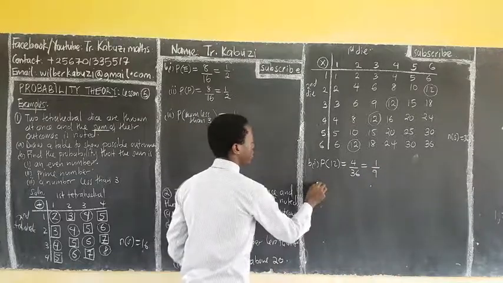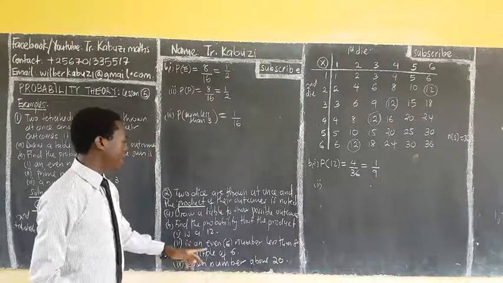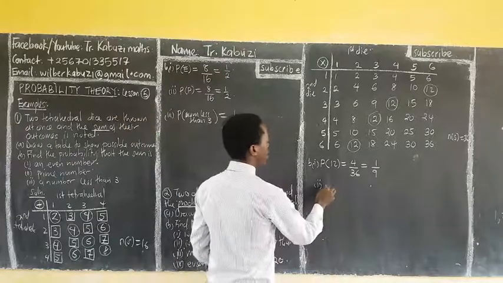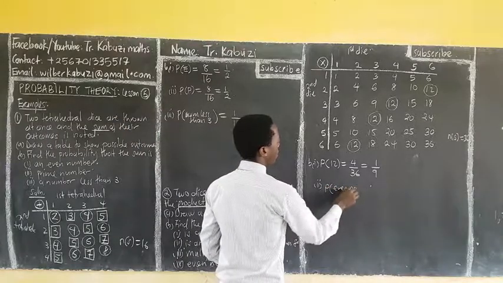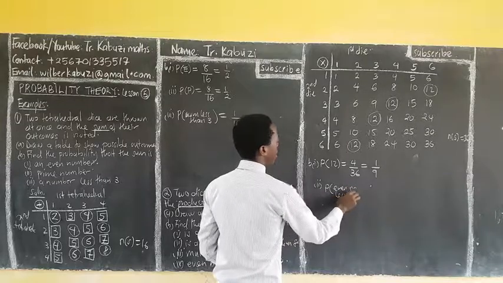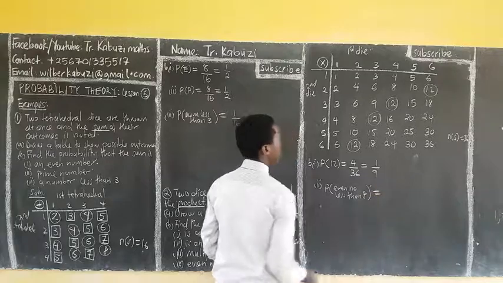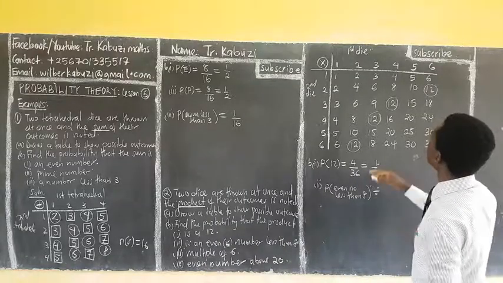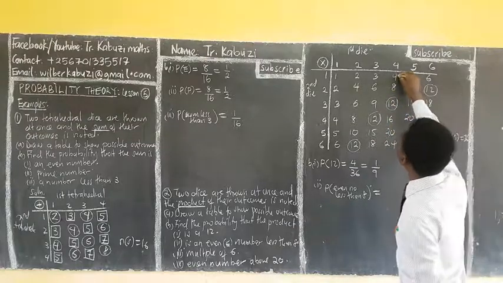Number 2, an even number less than 8. So, probability of an even number less than 8. We have this.